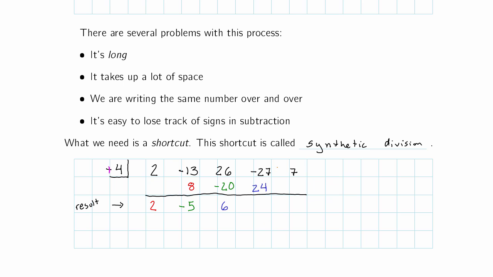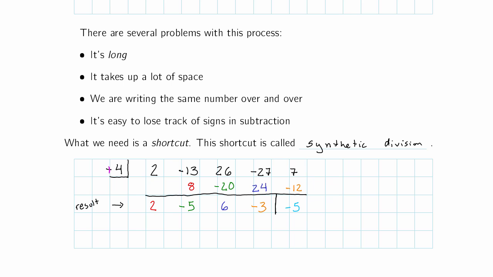The fourth coefficient in our result is -27 plus 24 is -3. -3 times 4 is -12. And then our remainder is 7 plus -12 is -5.